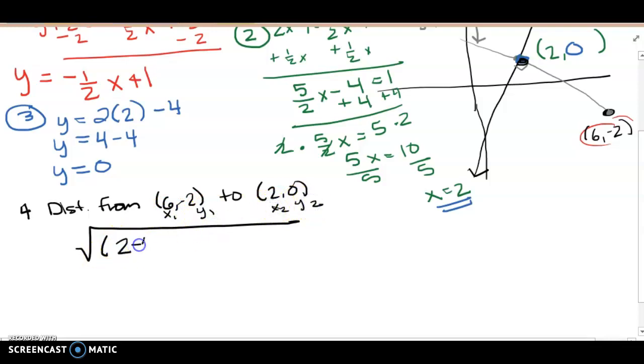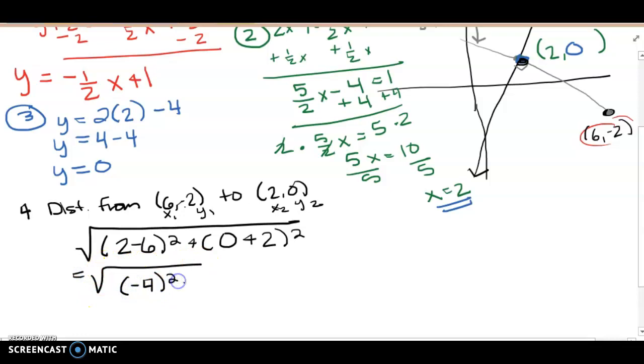So this is 2 minus 6 squared plus 0 minus -2, which would be +2. So this is -4 squared plus 2 squared. -4 squared is 16. 2 squared is 4.